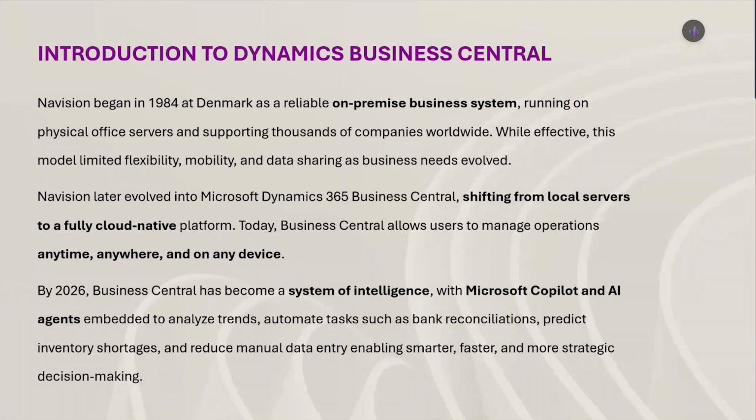So currently, the new system inculcates all the various operations for an organization all in one. So you have automations, you have bank reconciliation, you have inventory, all of them are embedded into one system to make work smarter and faster and more strategic when you are taking a decision.